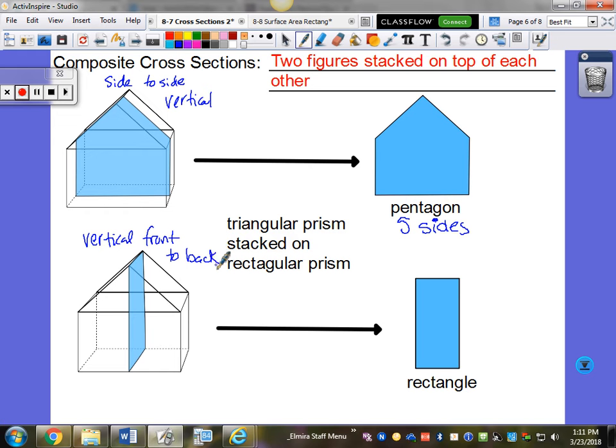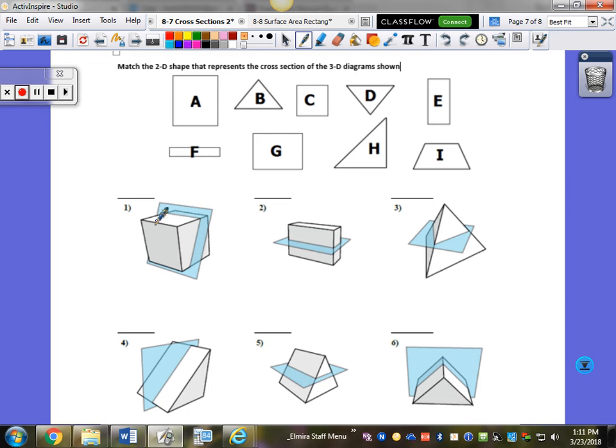On the homework, I want to clarify so we all understand. The front side is asking you to match the 2D shape that represents the cross section of the 3D shape. A lot of students are focusing on this blue shaded thing. I want you to imagine that this blue shaded thing is a slice of glass. And the gray shape, the three-dimensional shape, has been cut, and the two pieces are holding that piece of glass in place.